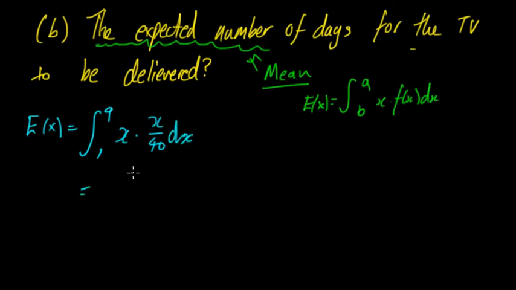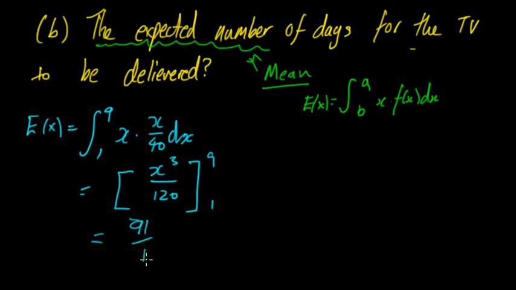And this is equal to, that becomes x squared, so then this is x cubed. Bring the 3 down, so then you have 120, because 3 on 120 is 1 on 40. From 1 to 9. And then you sub those values in, so you get 91 on 15. And you wouldn't normally have to do that calculation by hand. So then we'll assume they say to 2 decimal places.